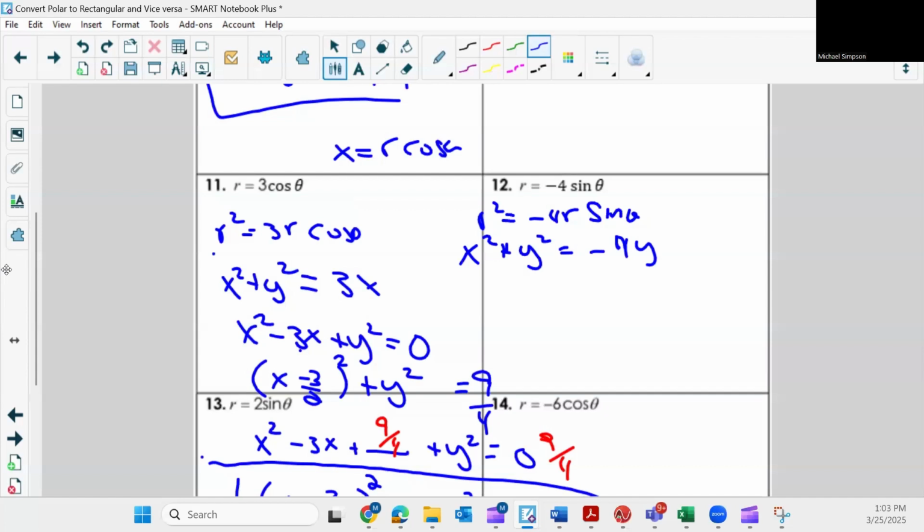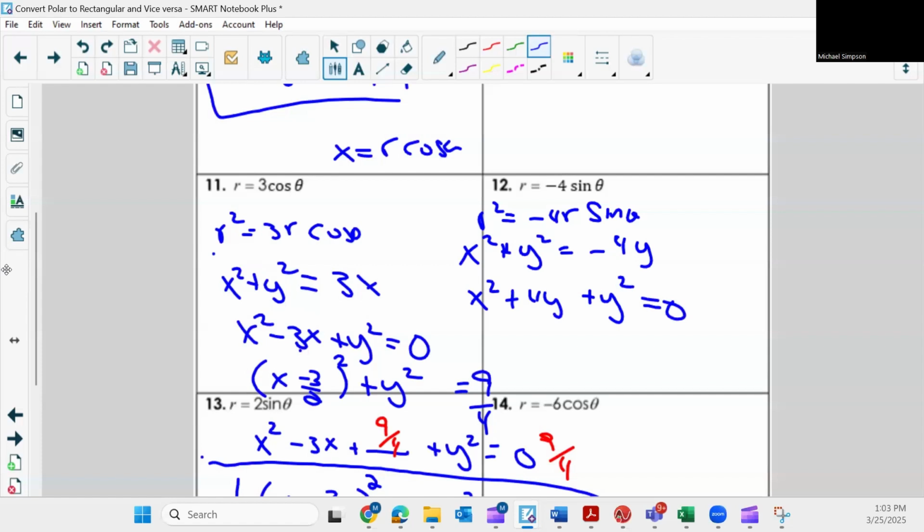Okay, but we don't want r squared. We're going to rectangular form, so we get rid of r squared, right? Bring everything over. This is -4y. Bring that to the other side. That gives me x squared plus 4y plus y squared, and that's equal to 0. Got it? What's my next step?